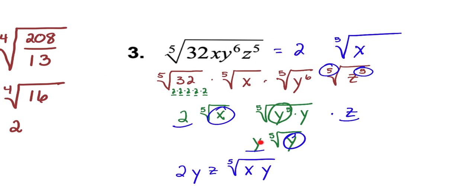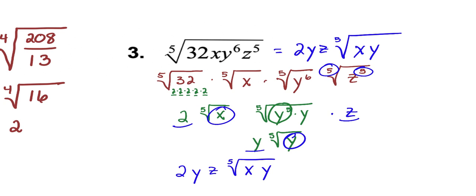That means a whole y gets to come out, but a y has to stay in because there's an extra y. And then I do the same thing with the z's. I take this 5 and divide it by 5. It goes in there one time, so that is a whole z that comes out.